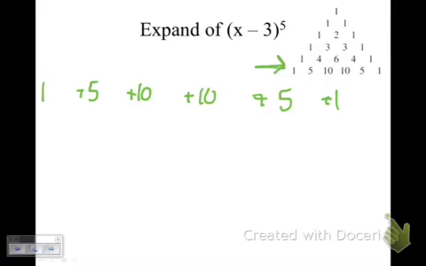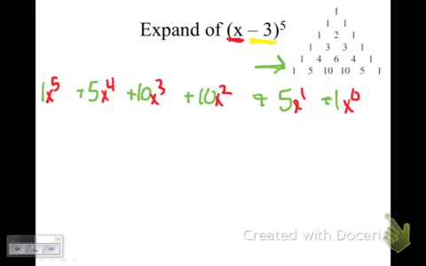Then I move on to the next part, which was same as before. Write this first one raised to the exponent, to the fifth. Work my way down: third, squared, first, 0. Then I go to the second term, and where do I start? Start at 0.